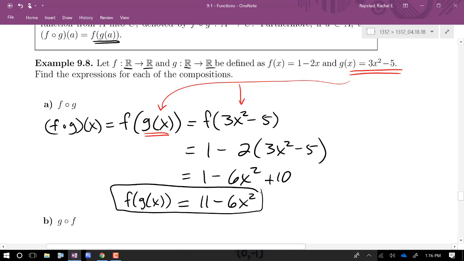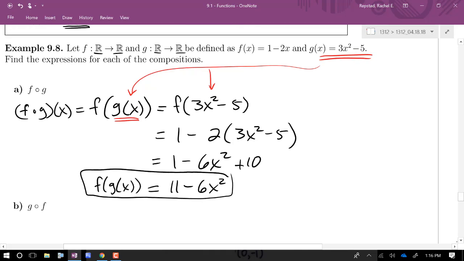Here's what this says. F and G both map from reals to reals. So if I wanted to find, say, F of G of, I don't know, 3, okay? Normally we'd say, well, I have to figure out what G of 3 is, right?